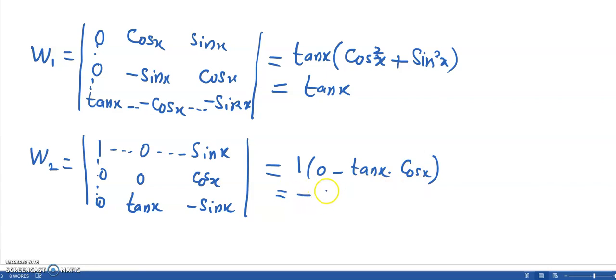W2 will be then minus sine x. We don't have to calculate the others, because for this column all the other values are 0, so the other two values will definitely be 0.